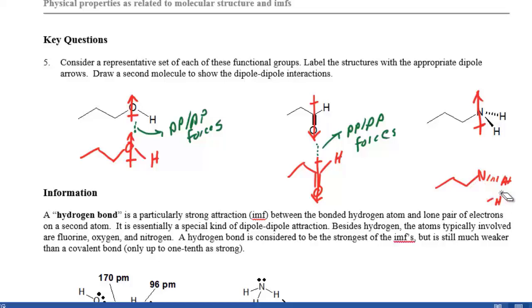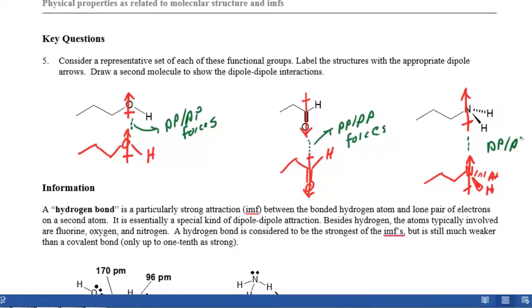Now, actually, I'm just going to draw the second wedge a little bit more to the right so that it doesn't interfere with drawing or attempting to draw the molecular dipole. And now I'm going to draw in the molecular dipole and then use my green pen. And once again, we have dipole-dipole forces of attraction.